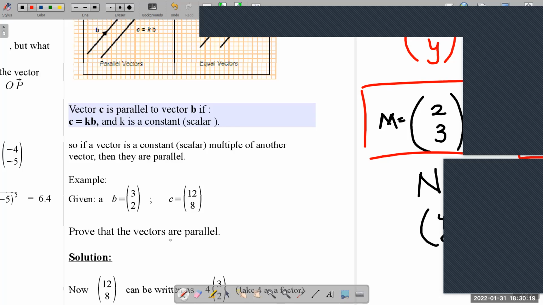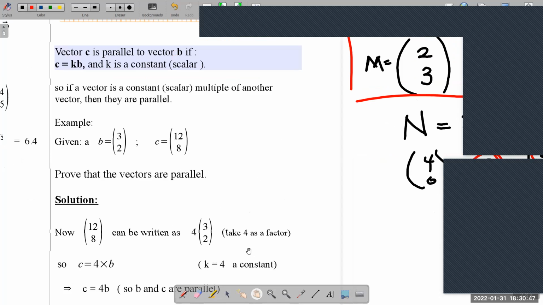There is a number I could multiply by 4 to get, oh, very good. If I multiply 3 by 4 and I multiply 2 by 4, it gives me this vector here. So what is our K in this example? Our K is 4. Everybody with me?